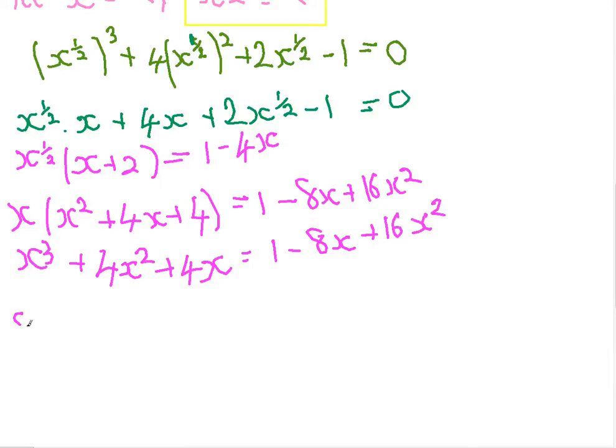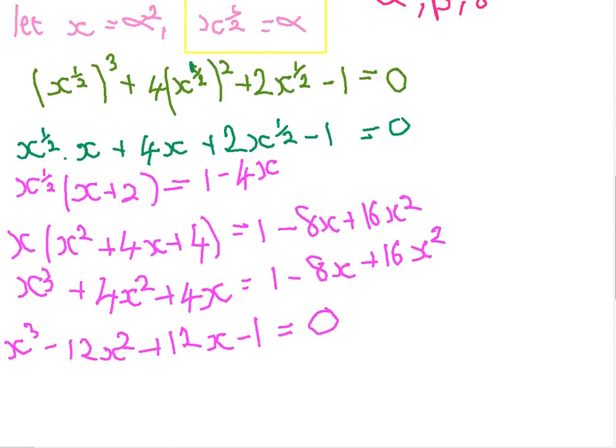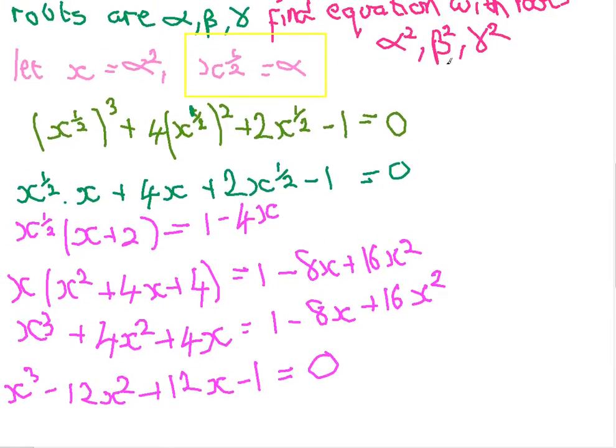Gather terms. X cubed minus 12x squared plus 12x minus 1 equals 0. Okay, that's our new equation. This new equation here now has roots alpha squared, beta squared, gamma squared.